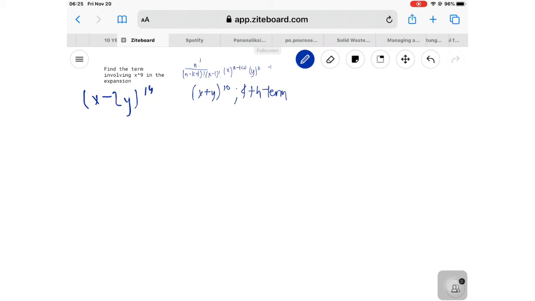So, ang nawawala kasi natin, diba, given natin is si n, and the n is the exponent, so 16, and the k will be the term. Wala tayong given term. So, hanapin muna natin si given term.